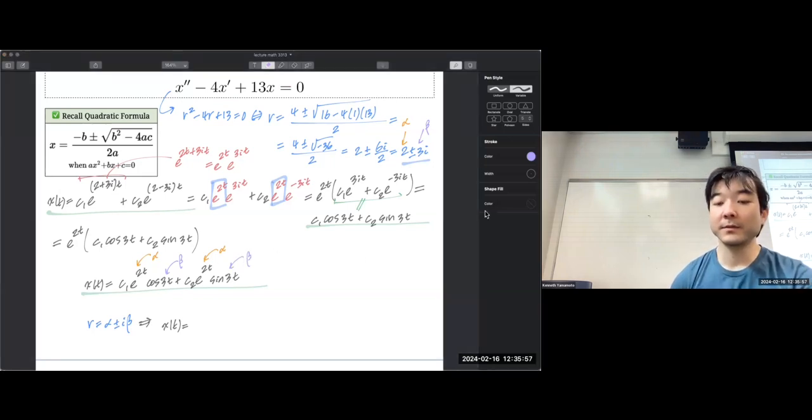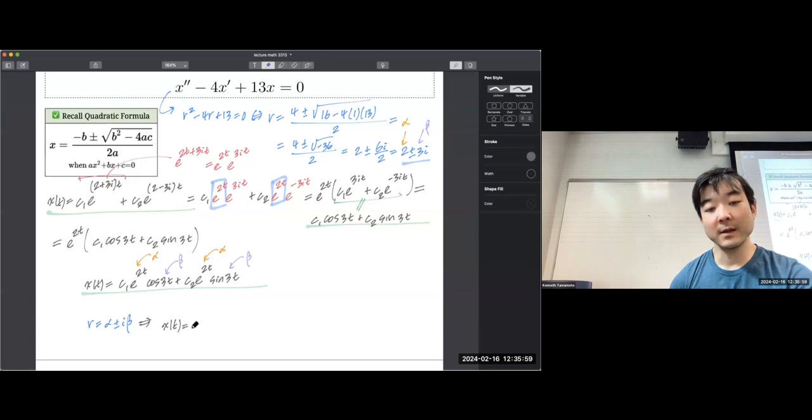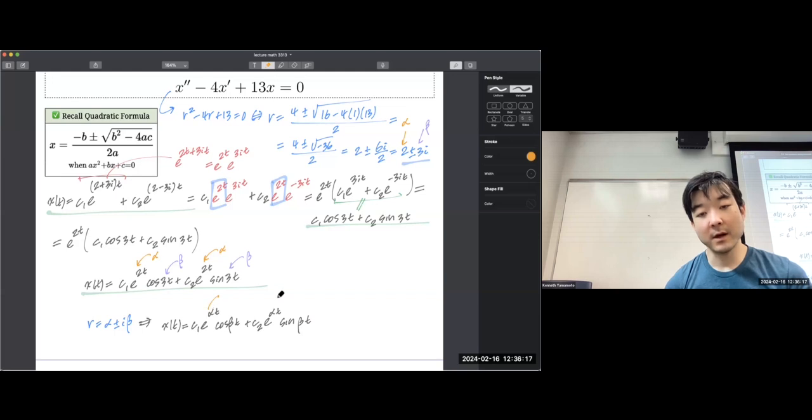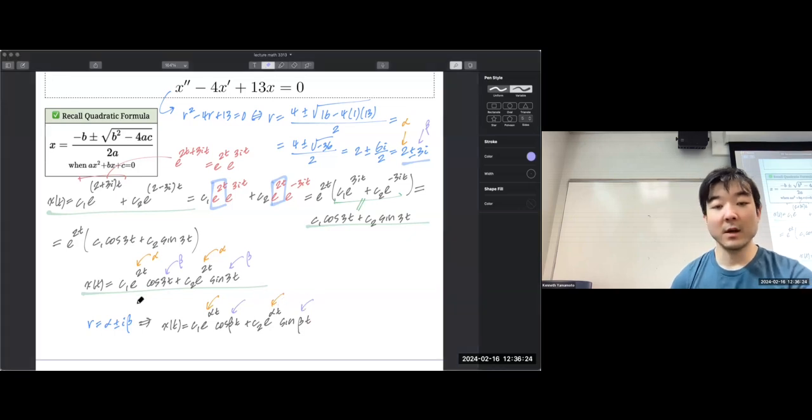So in general, your solution will always be like this: C1 e to the alpha t cosine of beta t plus C2 e to the alpha t sine of beta t. Your alpha is here, your alpha is here, and then your beta is here, your beta is here. And you're just reading off.